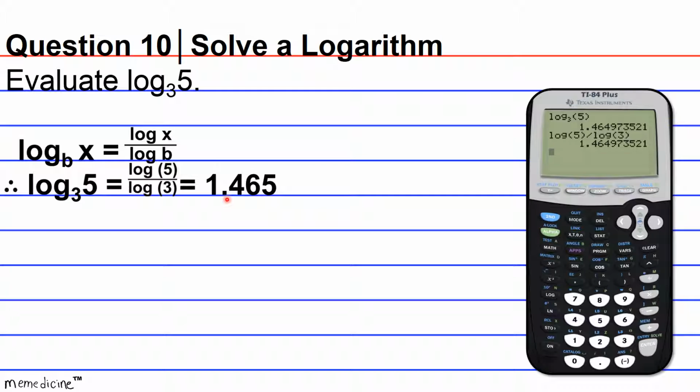Yeah, so this is 1.6465 if you round up to the thousands place. And so our result is 5 is equivalent to base 3 raised to the x. The exponent value is what you're always trying to solve for in a logarithmic problem, okay?